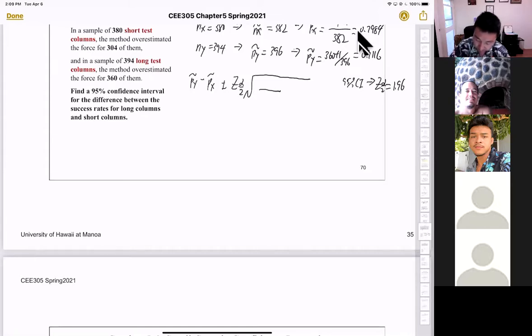Again, I will not go to the z table. You should be able to figure that out yourself in this step. So modified py, px, modified nx.